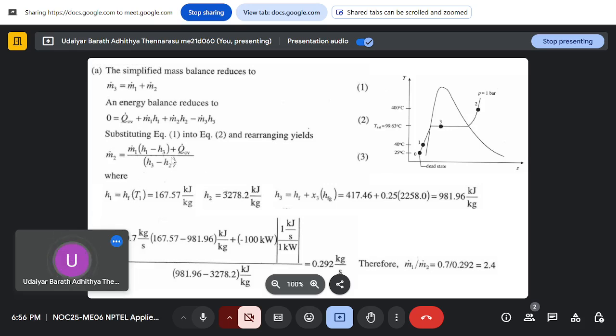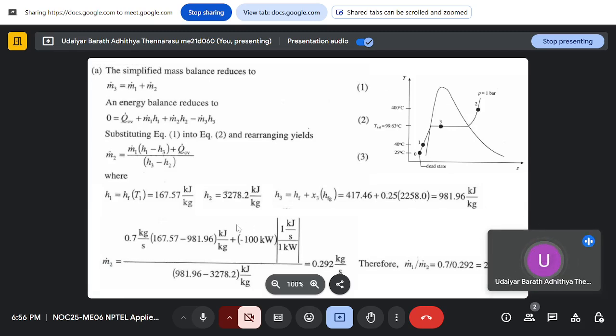From the steam table, we can find out h1, which is 167.57, and h2, which is 3278.2 kilojoule per kg, and h3 also we can find out because we know the dryness fraction, and saturated liquid and vapor enthalpies can be found out. From there we get h3 as 981.96 kilojoule per kg.